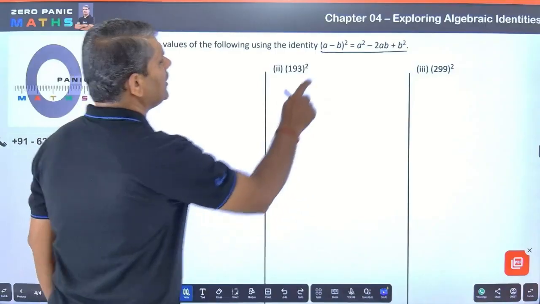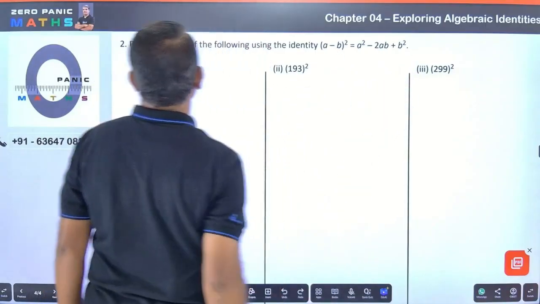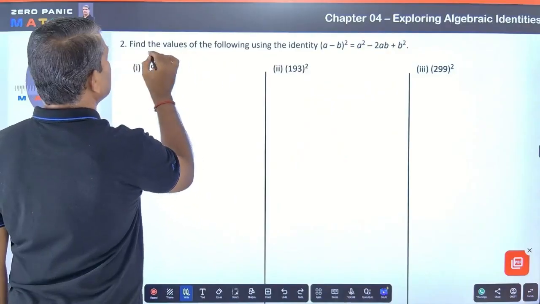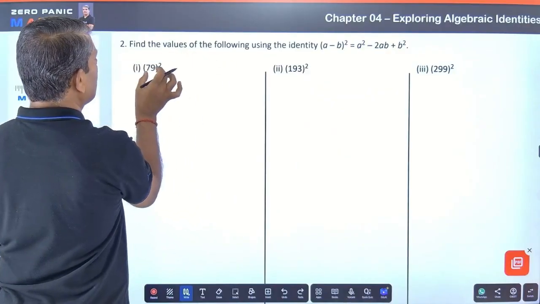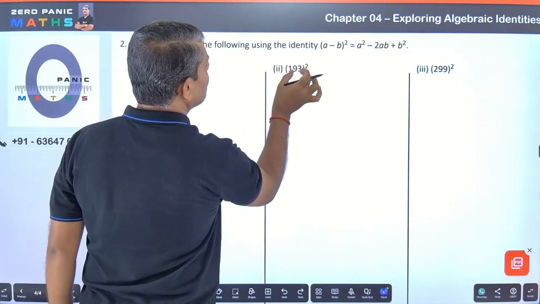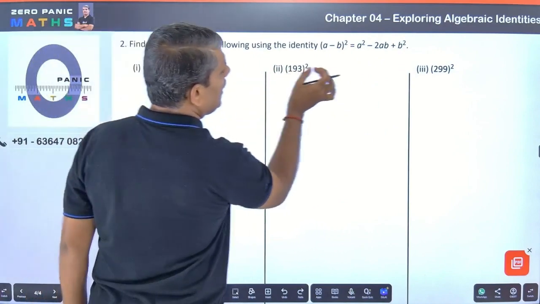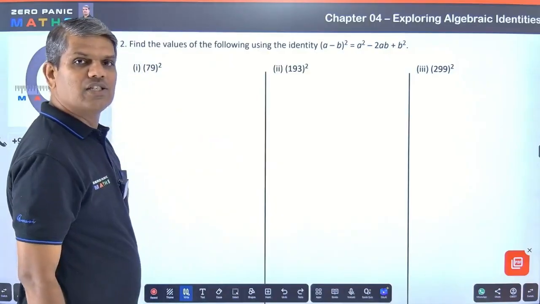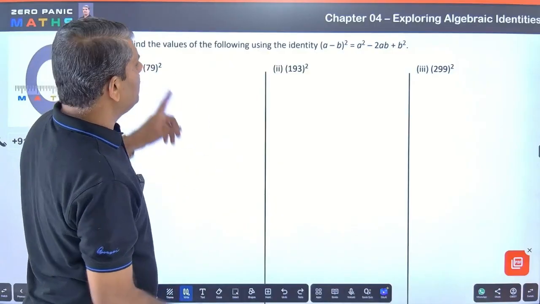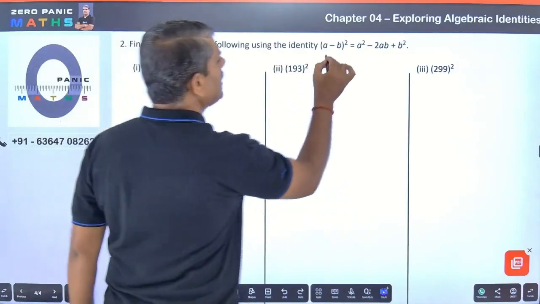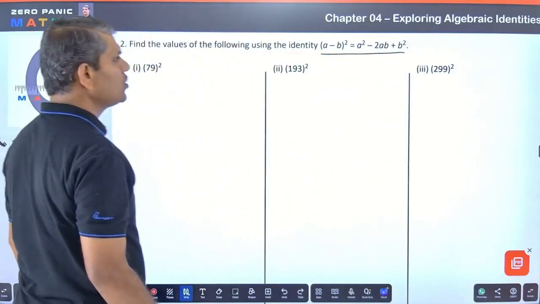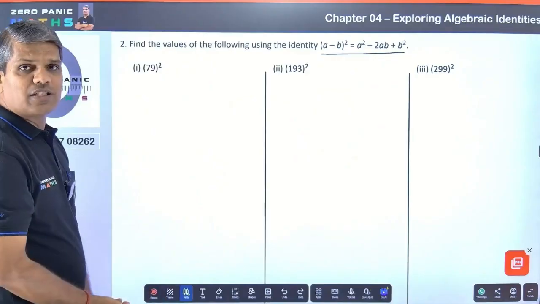In the next set of problems, you can see that they have already given the identity to be used to calculate the values of 79 square, 193 square and 299 square. They have clearly mentioned that this is the identity to be used, so we can go by that process only.